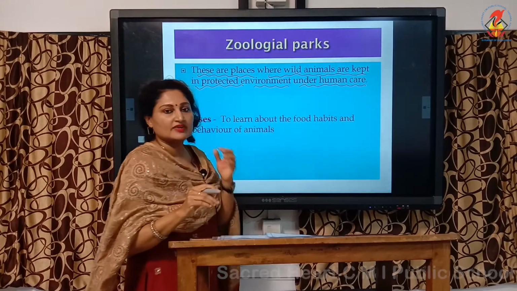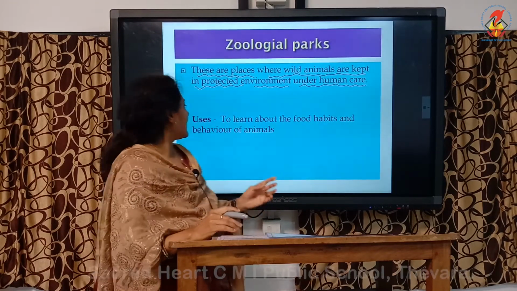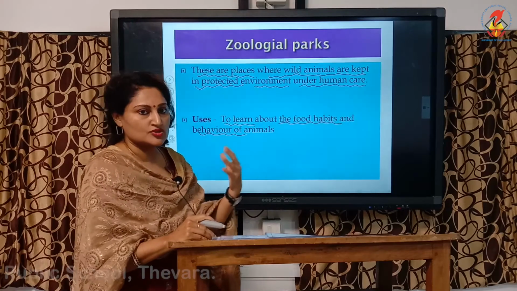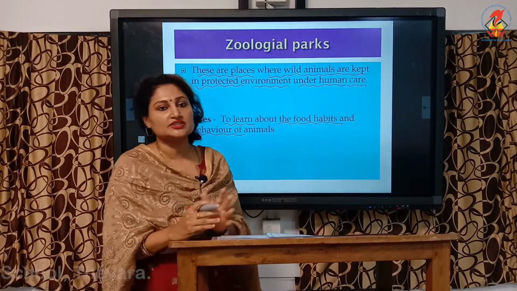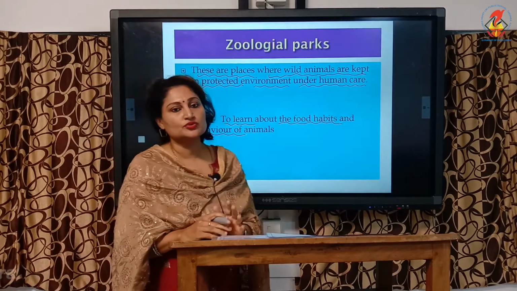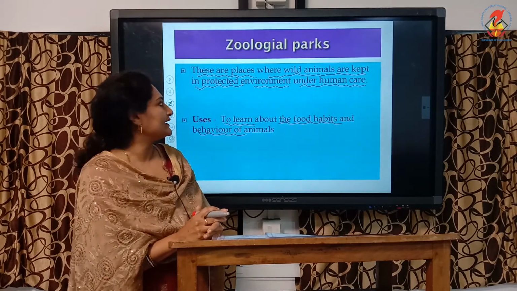So here we can see wild animals are under the guard of humans. And the use of zoological parks is to learn about the food habits and the behavior of animals. If you are a zoologist or going to pursue your study in zoology, the best place to study is the zoo. You can study the food habits as well as the behavior of these wild animals.